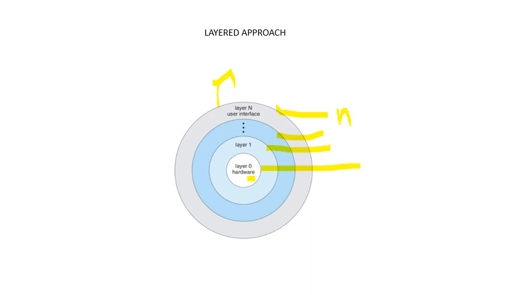I hope you all understood. Therefore, if the user layer wants to interact with the hardware layer, the request travels through all the layers from n minus 1 to 1. Each layer must be designed and implemented in such a way that it needs only the services provided by the layers below it.